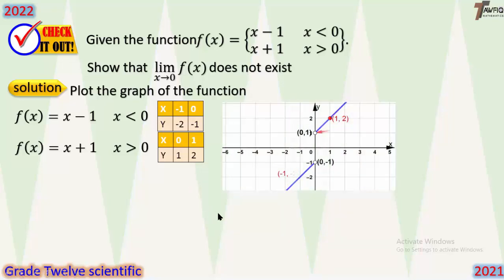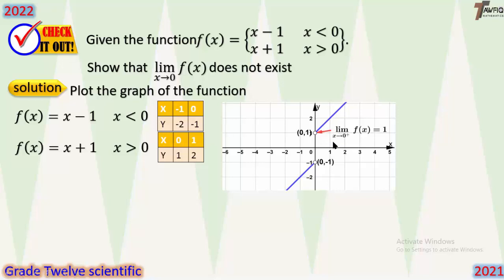As you can see, these 2 points, (0, minus 1) and (0, 1), give us the limits. The point (0, 1) is on the right of 0, therefore it gives us the right limit.